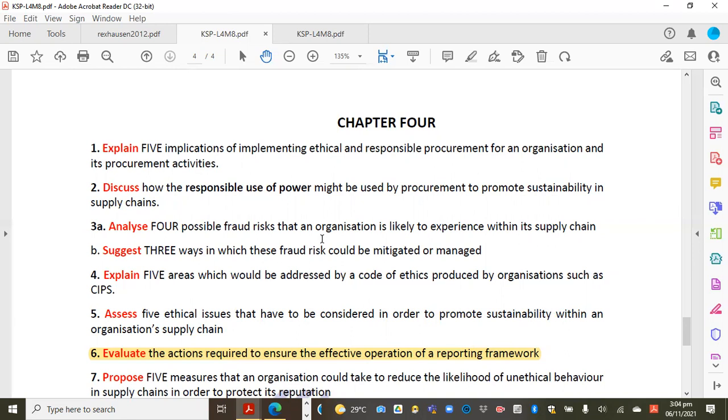And it even extends to stealing. Yes, to stealing. So there are different types of fraud. There is online fraud.